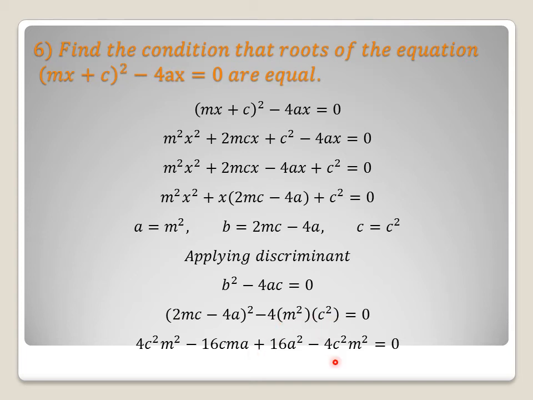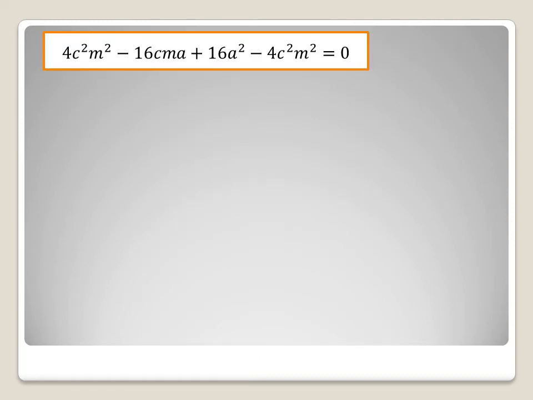Multiplying 4m²c² we will get −4c²m². Again you can see 4c²m² and −4c²m² can get cancelled with each other because they are the same terms with opposite signs. So we will remain with −16cma + 16a² = 0.